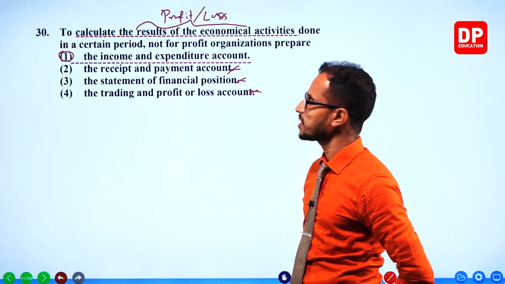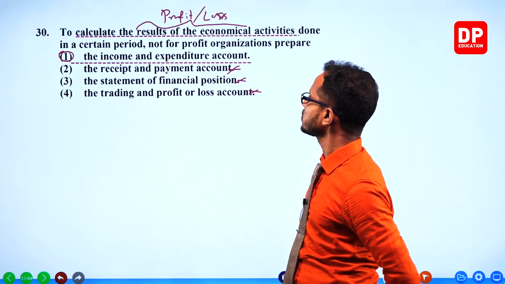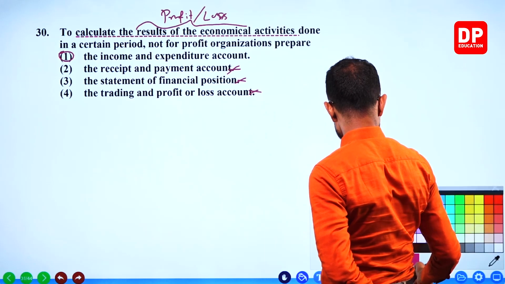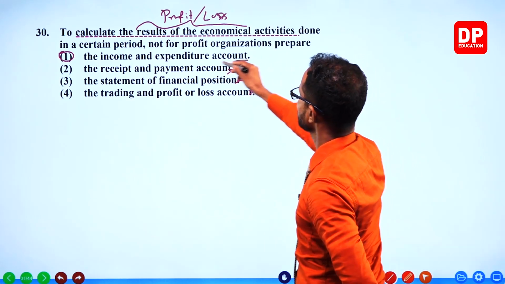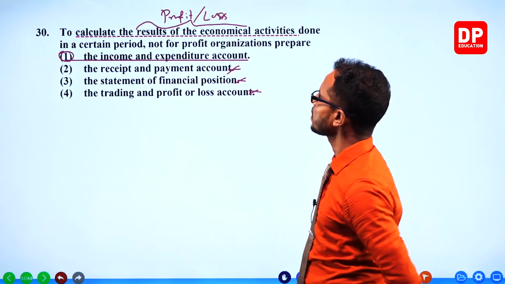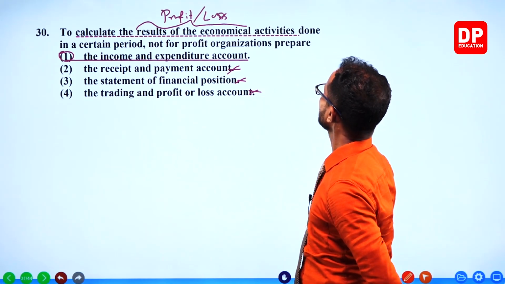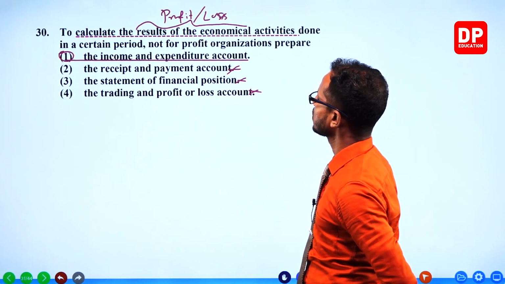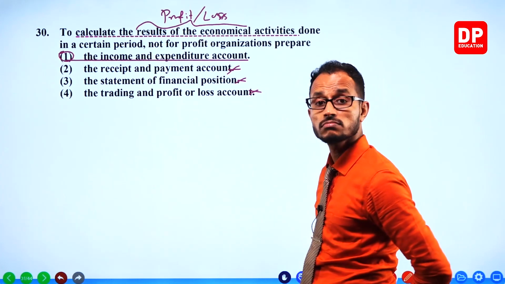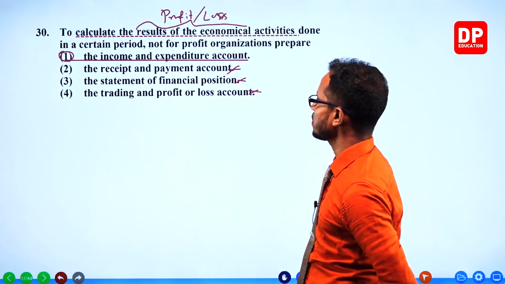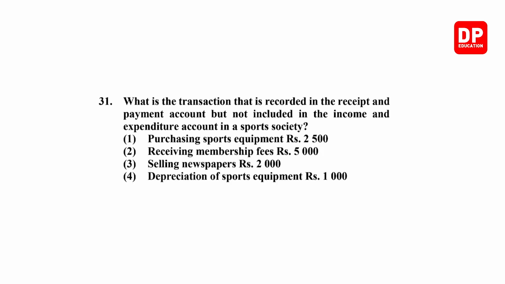This is another name for the income statement. Income and expenditure account is the word given in the paper. Okay, the answer is that.